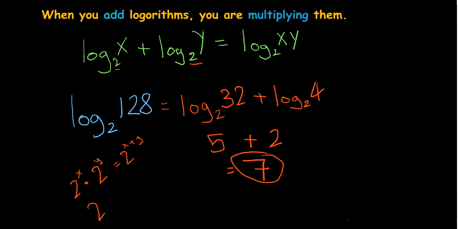But if you've got 2 to the x power times 3 to the y power, that is not going to give you something like this. So you cannot apply this property unless you've got the same base. Just keep that in mind, don't get confused. Just make sure you've always got the same base before you use this property. Okay? So on to the next type of problem.